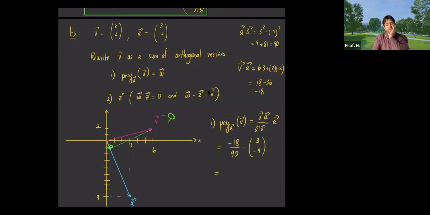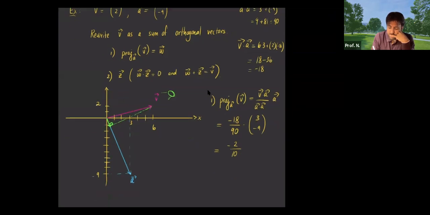You can divide both numbers by 9, and you get 2 over 10, which is a fifth. You can actually divide by 18.